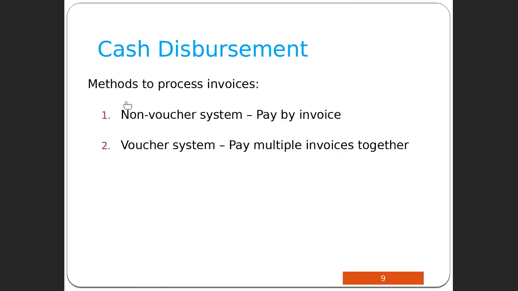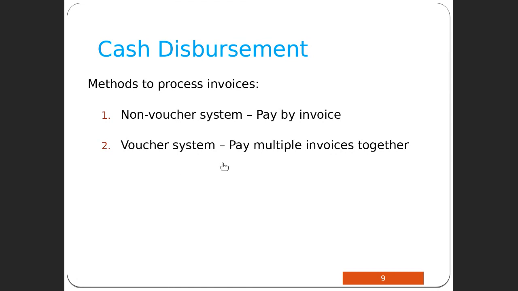Okay. Now you have 2 methods of payment. The first one is called non-voucher system, which is called pay per invoice. So let's say you order a truck of water from Al Rayyan every week, and they give you an invoice a week, and you pay for that invoice every week, which is called a non-voucher system. Pay for every invoice.